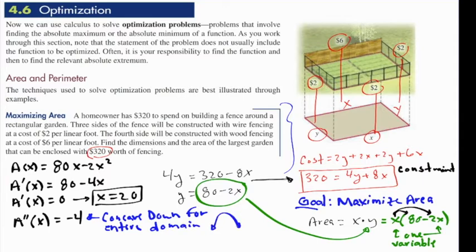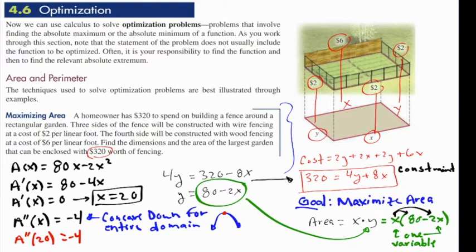And if the graph is concave down, that means that the critical point we just found represents a maximum. So A double prime of 20 is equal to negative 4. Because there's no x to plug into, that means it is a maximum, and we found the maximum area. The max area occurs when x is 20.